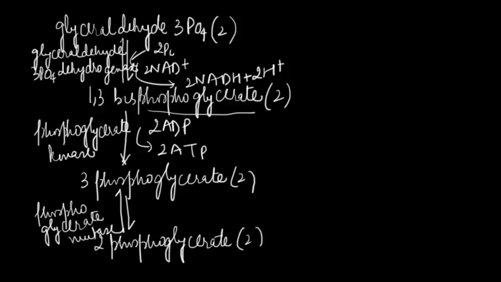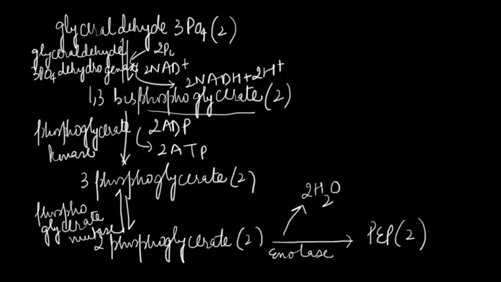This enzyme basically shifts the phosphoryl group between carbon at position number 2 and carbon at position number 3. Next, 2-phosphoglycerate gets converted to phosphoenolpyruvate, and the enzyme catalyzing this reaction is enolase. At this step, there is a reversible removal of a water molecule.